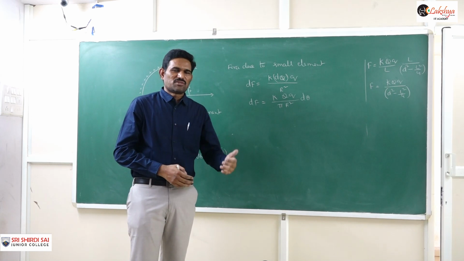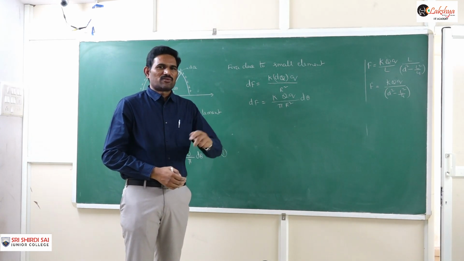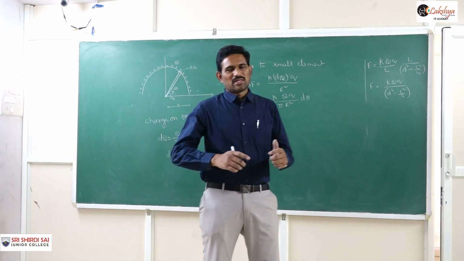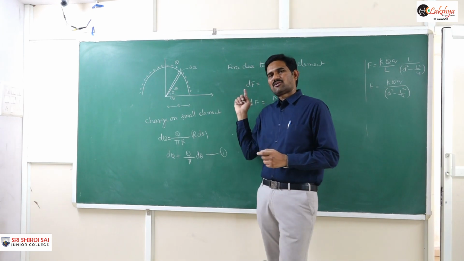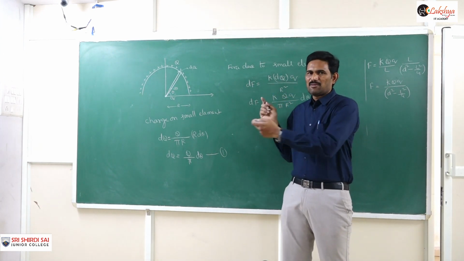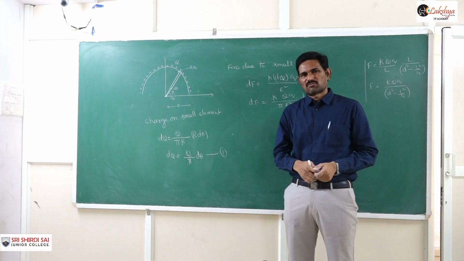Whether the direction of this vector is same for all the elements or different for different elements. If it is same for all the elements, you can integrate this dF value directly like our previous problem. In the previous problem, whichever element of the rod you take, the force on the point charge will be in the same direction only, right?